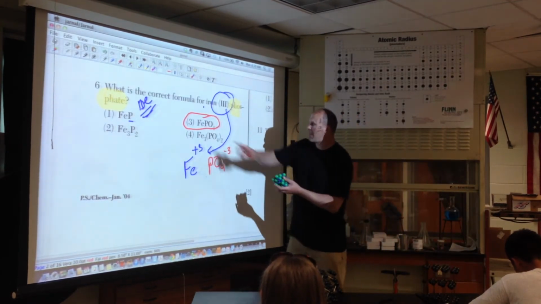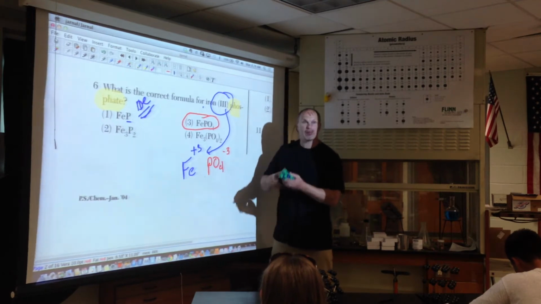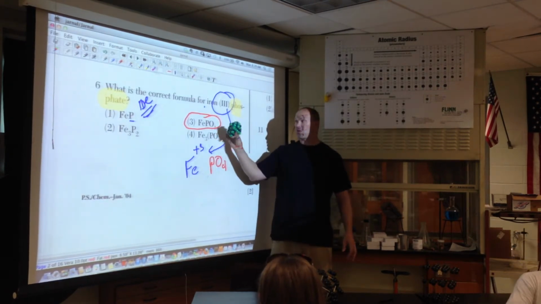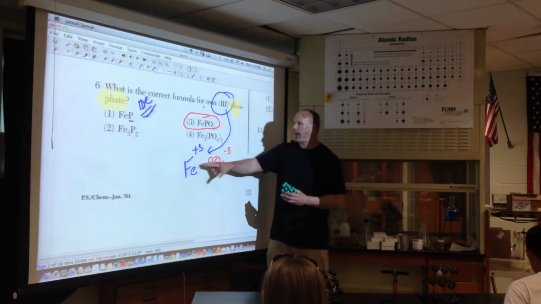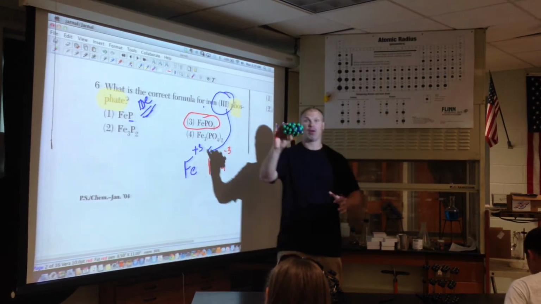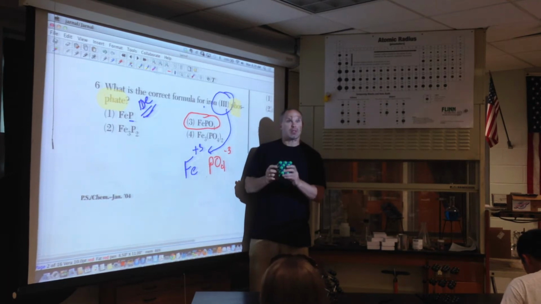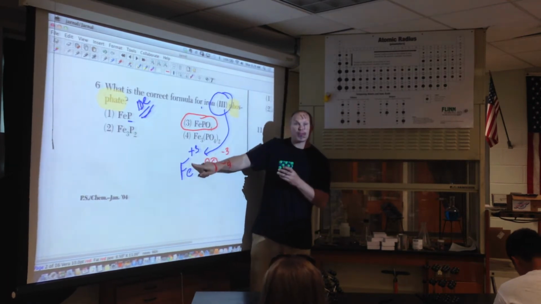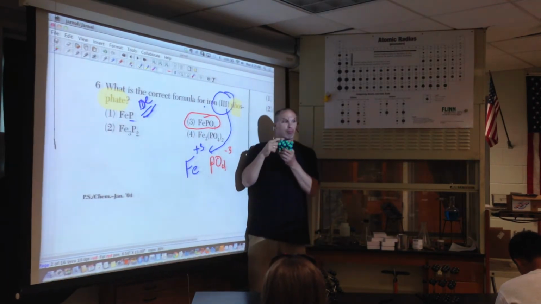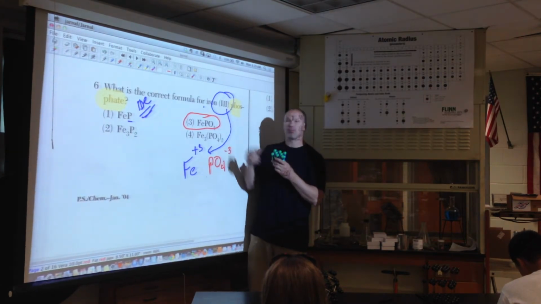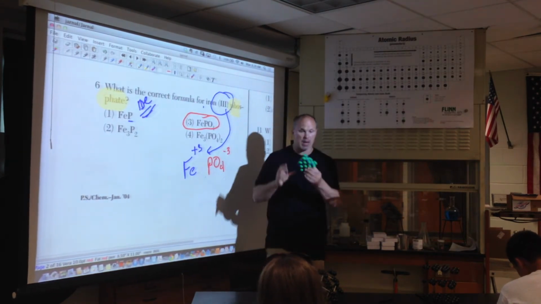Salts, metals, positive and negative ions make crystals. This is a solid. Anything where you see positive and negative ions coming together, they're making a crystal. If you have iron phosphate, in the crystal there's 1 iron +3 for every 1 -3 ion. Don't get lost and think that's a molecule. That's a salt. That's an ionic compound.